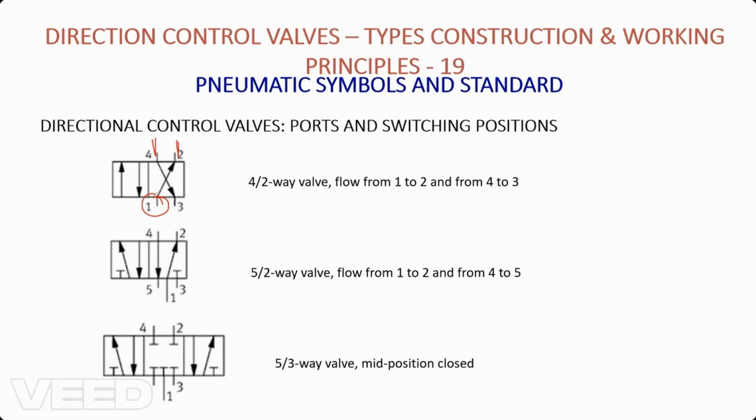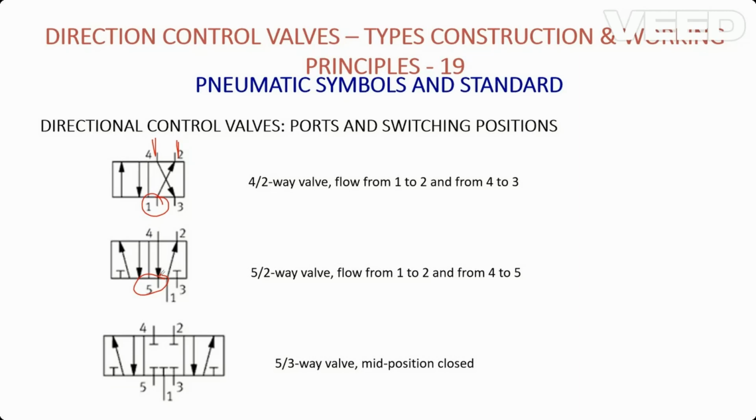The same way, there was the invention of a 5 by 2 with an extra port, which is an extra exhaust port or extra release port, number 5. What happened is, while working with 4 by 2s in pneumatics, whenever there is faster reciprocating movement, the air needs to escape from the single outlet port or single exhaust port, which is 3.